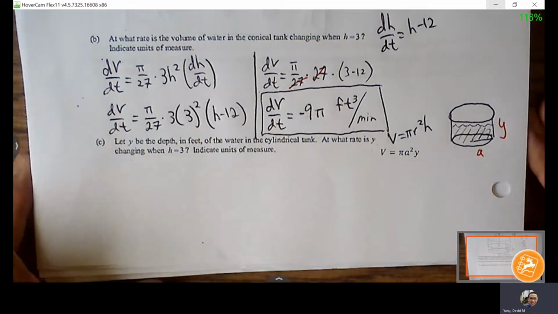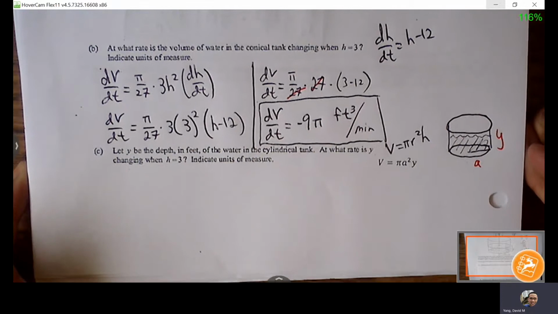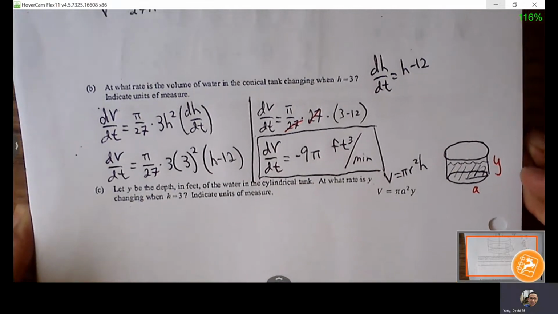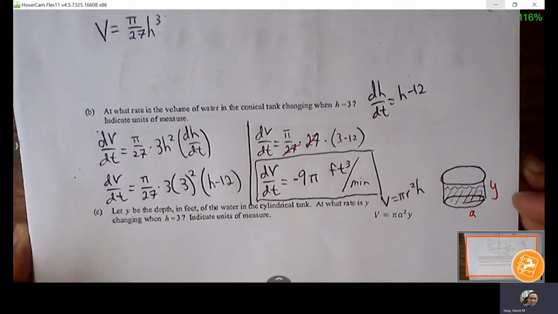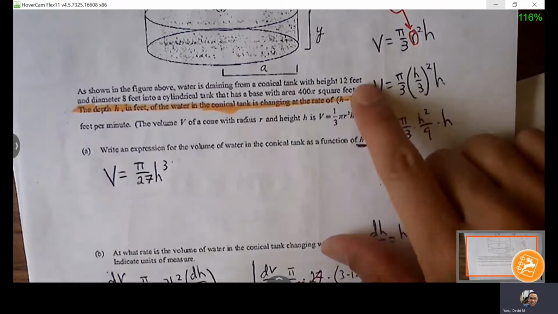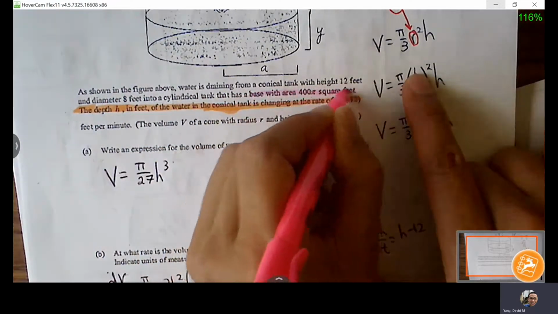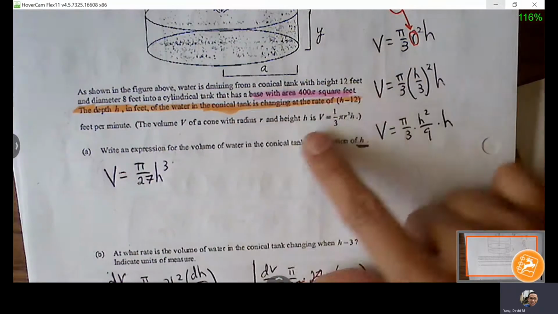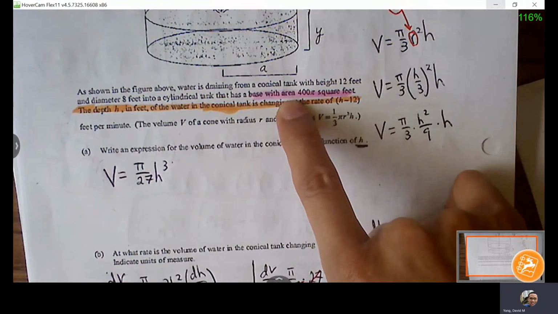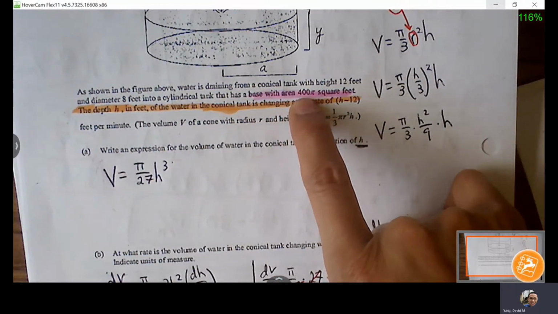Okay. Anything else about the description of the cylinder? Yeah. Has a base with the area of 400. Okay. Yeah. So, some of this information is hidden in the description, so we have to kind of pull that. Base of the cylinder has an area of 400 pi square feet.